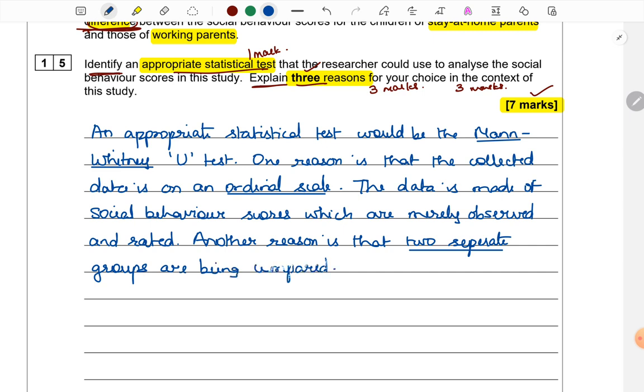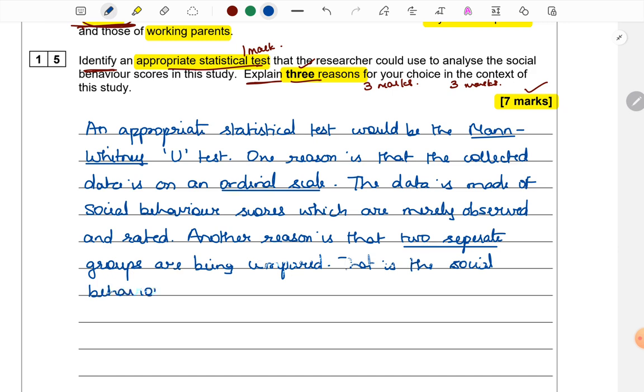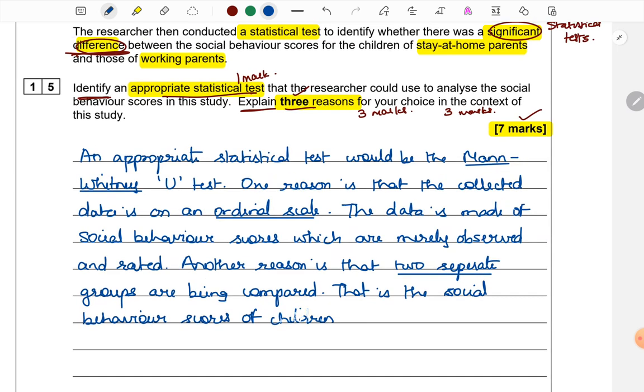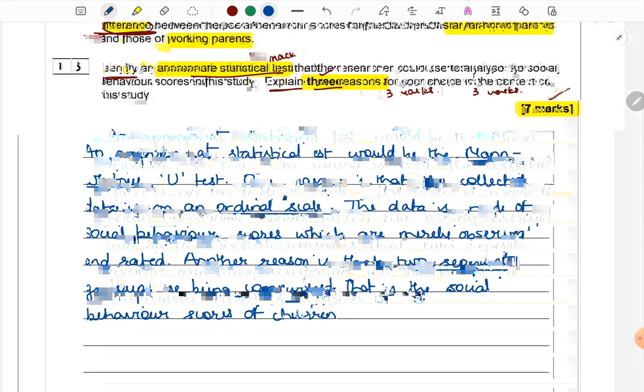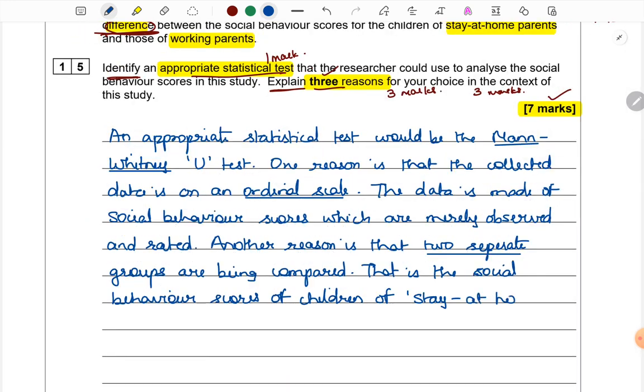That is, the social behavior scores of children of stay at home parents are being compared with those of working parents.